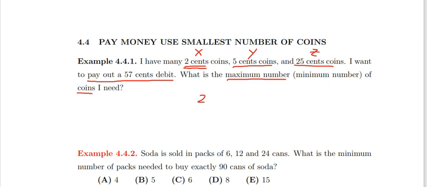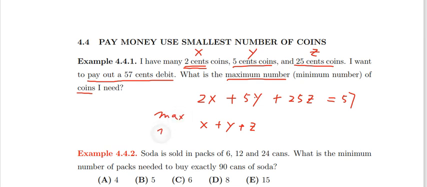So we have this equation: 2x plus 5y plus 25z equals 57. So total money is 57. The question is, we want to find x plus y plus z, whether these numbers are maximum or minimum.